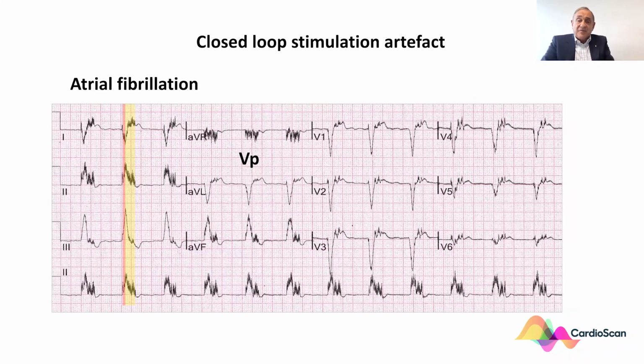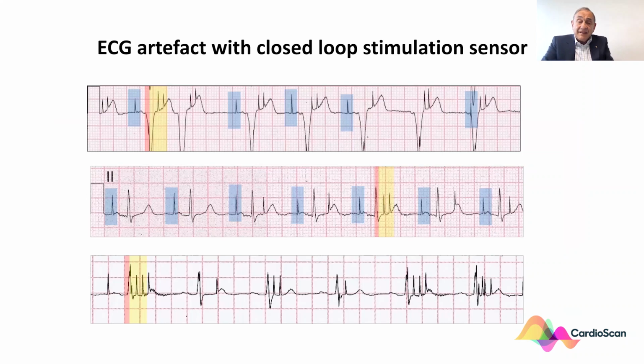And of course, this is very unsuccessful and therefore should be recognized as a CLS artifact. And again, because of the way the filters are generated into the ECG, you see lots of different patterns. But in every case, the artifact lies within the ECG QRS and starts after the onset of the stimulus artifact or the QRS.